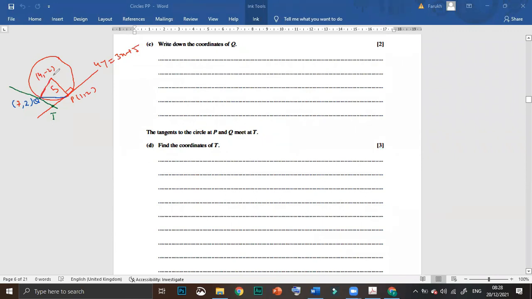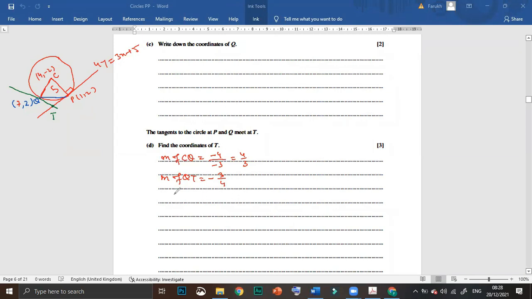We can find out the gradient of CQ. Gradient of CQ is equal to minus 4 over minus 3, 4 over 3. Now, gradient of QT is minus 3 by 4.